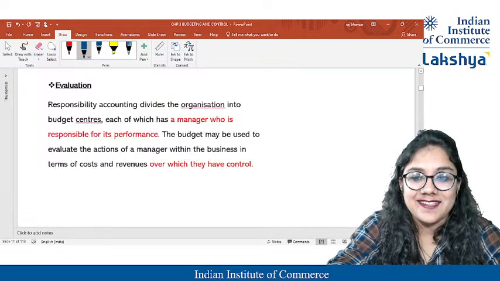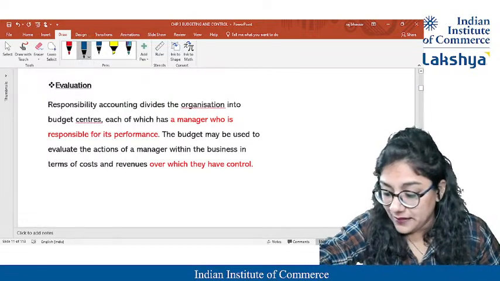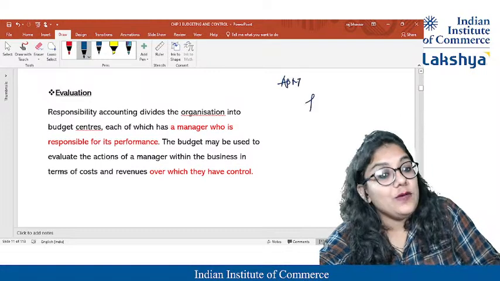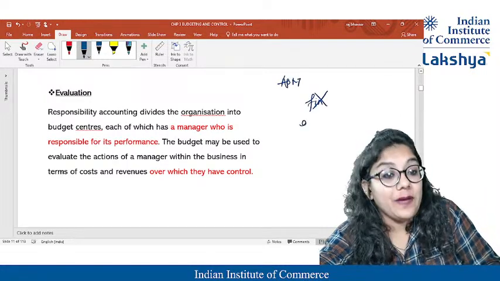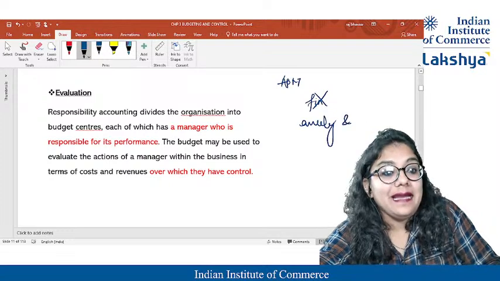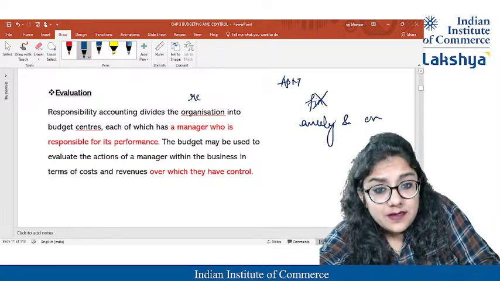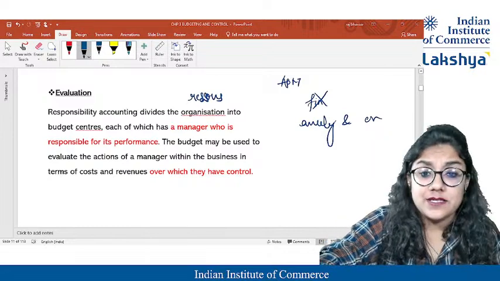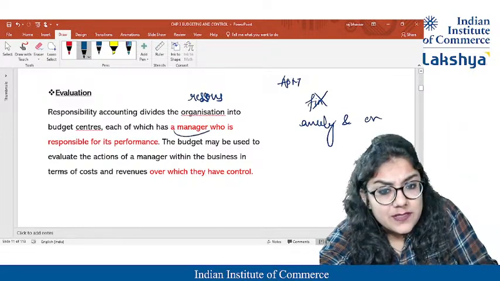Then whatever we are making, it's required for evaluation. When I give the APM paper, I know only the financial terms are not important. We need to analyze and evaluate with reasons. If there is a loss, if there is a gain, if there is a favorable or adverse situation, why? Who is responsible?